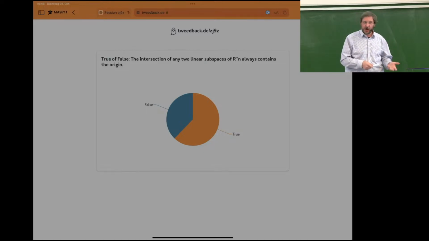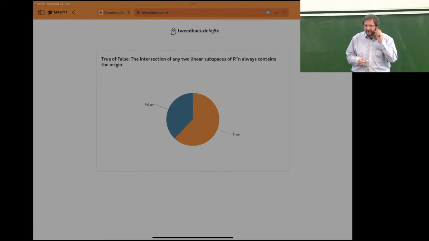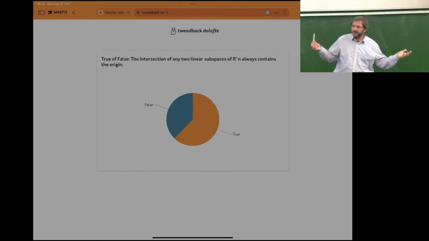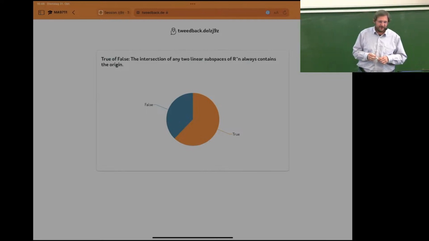If the origin is not in the set, it can't be a linear subspace. And that of course means every linear subspace contains the origin. And if I take any two linear subspaces, they have at least the origin in common. So that means their intersection also contains the origin. Right? So the correct answer would be true.